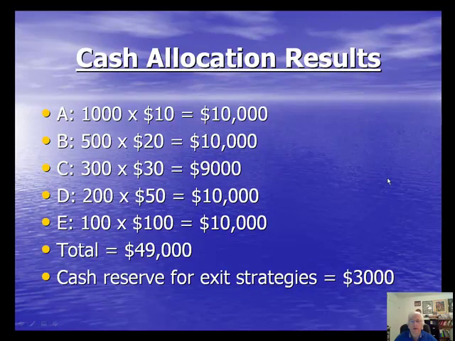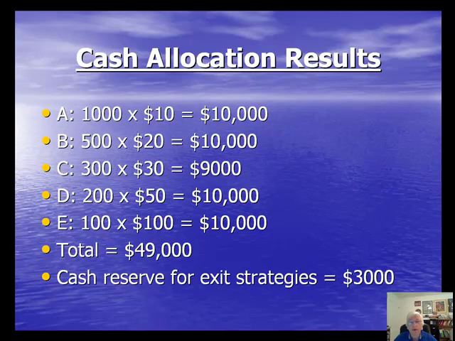So let's take a look at the results. Stock A, we purchased 1,000 shares at 10 for $10,000. Stock B, we purchased 500 shares at 20, $10,000. Stock C, remember, we rounded down, so we purchased 300 shares at 30 for $9,000. Stock D, we purchased 200 shares at 50, $10,000.